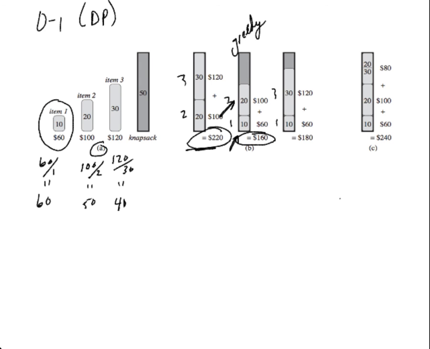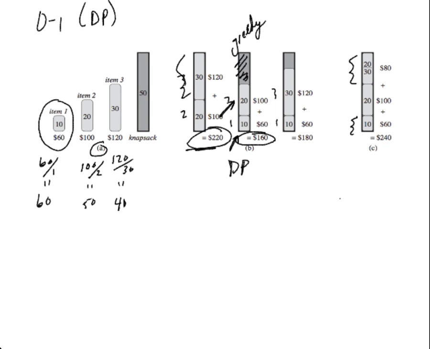And you can kind of see why. Here we've got so much space left over that we could have used with something of lesser value per pound, but it fills up the knapsack more. And so for this, we're going to have to use a dynamic programming approach. On part C, however, we can use a greedy algorithm because we can always fill up the space.